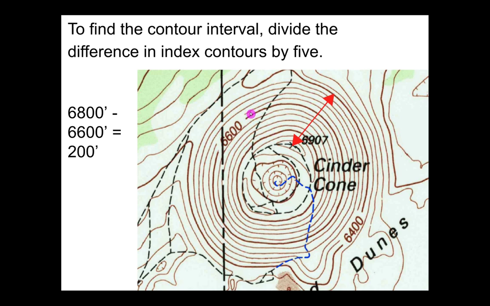The difference between those is 200 feet. 200 feet divided by 5, 40 feet. So each of these lines going uphill, and you can tell you're going uphill because the lines are closed circles and they're getting smaller and smaller as you're going uphill, is 40 feet higher, 40 feet higher, 40 feet higher, and so on.